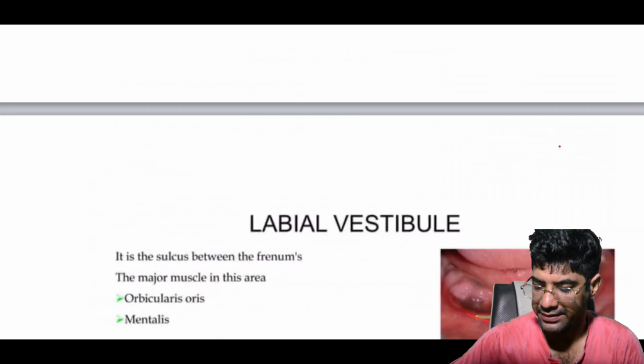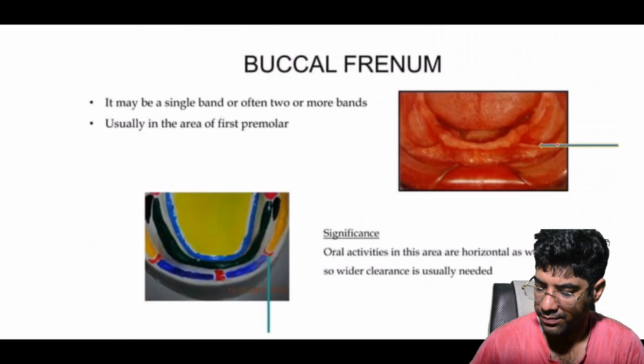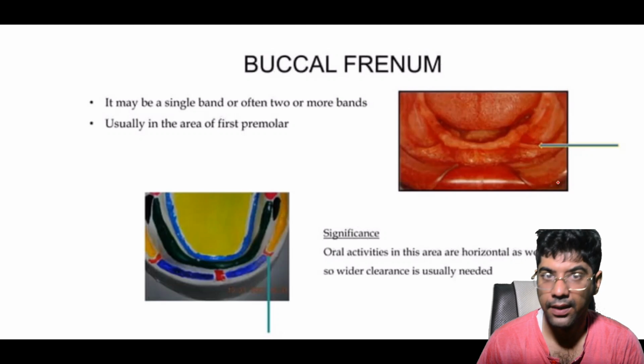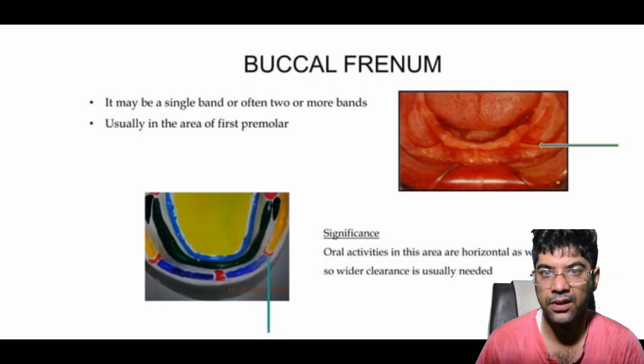The next structure is the buccal frenum. It may be a single band or often two or more bands. It is seen in the area of the buccal vestibule.